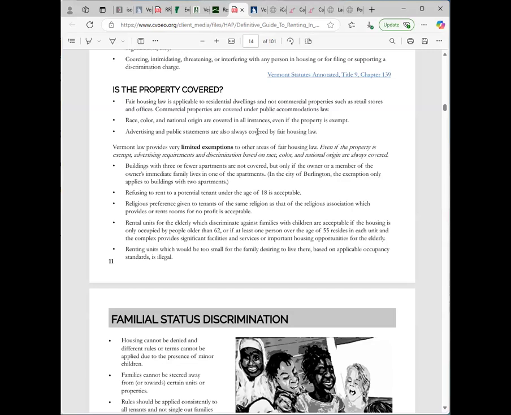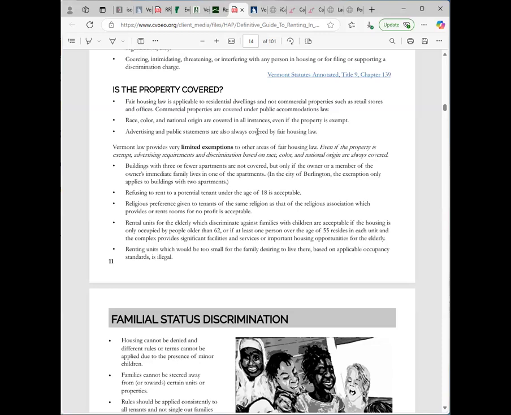So this is, again, we're going through the limited exceptions in the state of Vermont. Religious preferences given to tenants of the same religion as that of religious association, which provides or rents rooms for not-for-profit, is acceptable. And then rent units for elderly, which discriminate against families with children, are acceptable if the housing is only occupied by people older than 62, or if at least one person over the age of 55 resides in each unit and the complex provides significant facilities or services or important housing opportunities for the elderly.